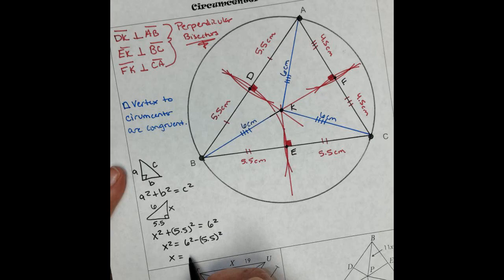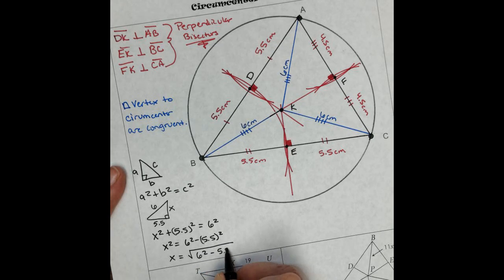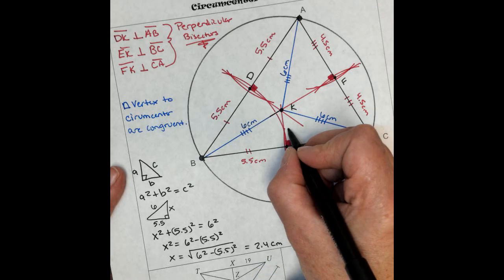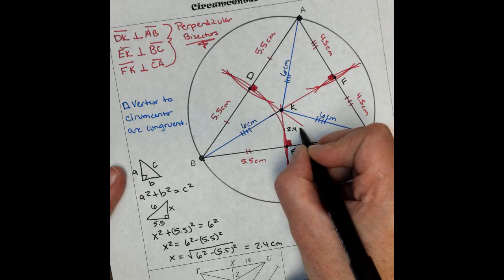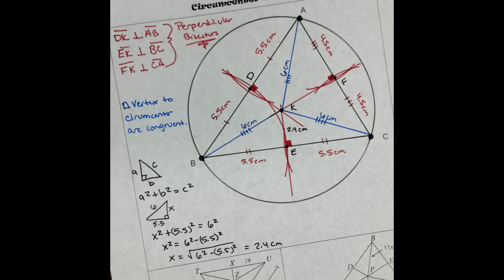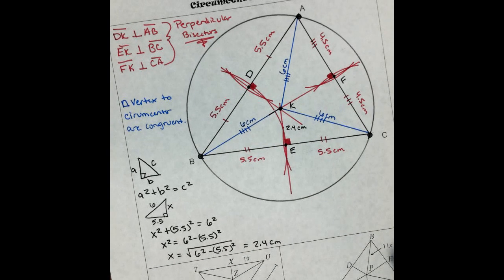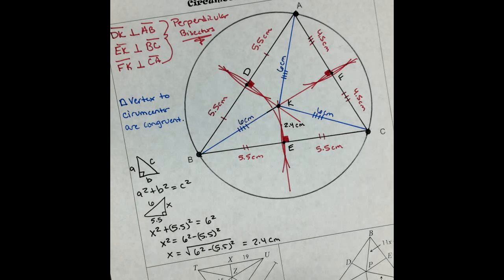And then I have to take the square root, so I got the square root of 6 squared minus 5.5 squared. So that gives me x is equal to 2.4 centimeters. So this guy is 2.4 centimeters. Now I can do this with any of these triangles to find my perpendicular bisector lengths.